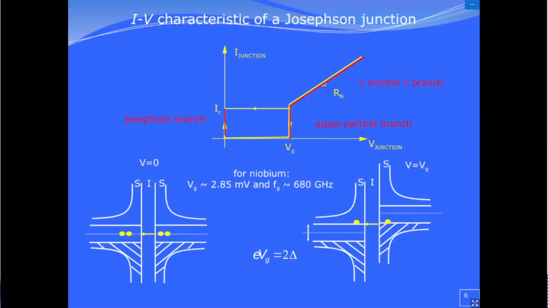For these junctions, I already talked about what we call the Josephson branch here, right? When you have only the Josephson current, you have zero voltage and you have a current. You can go to the maximum of IC, not more. If you try to impose more current, since the device doesn't have in some way enough Cooper pairs to handle this, the rest of the current will be carried by quasi-particles.